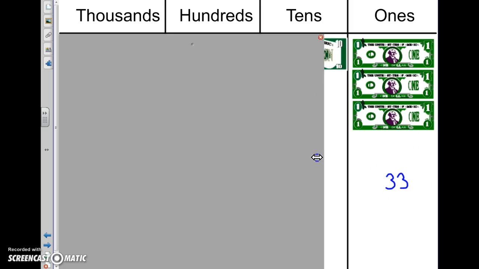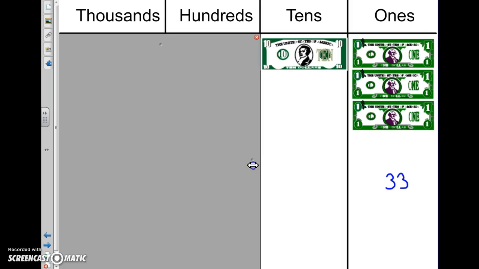So what I have to do is I look at this place value, and I know that place values go like this, right? Ones, tens, hundreds, thousands. This right here is the ones place. So I can keep my 3 $1 bills here.